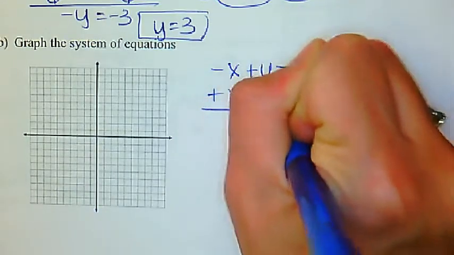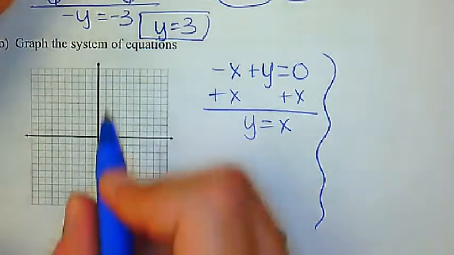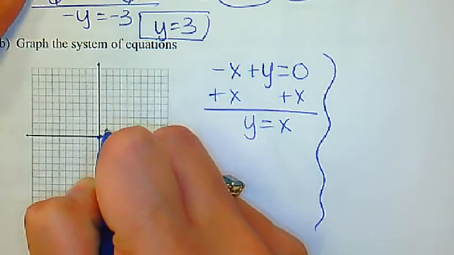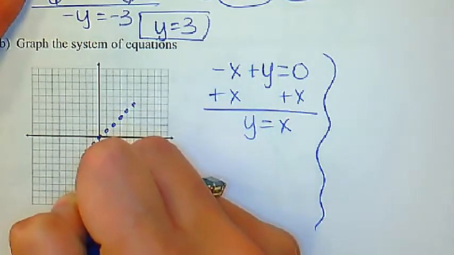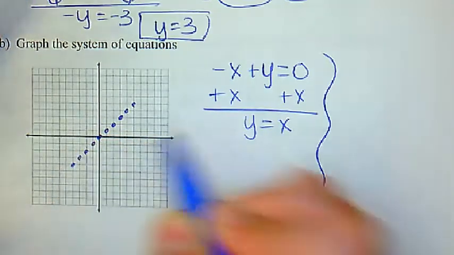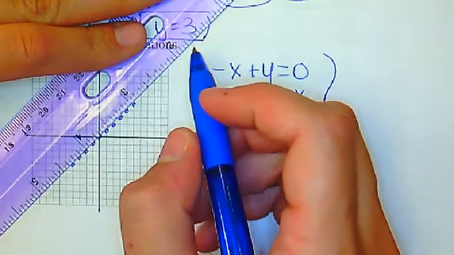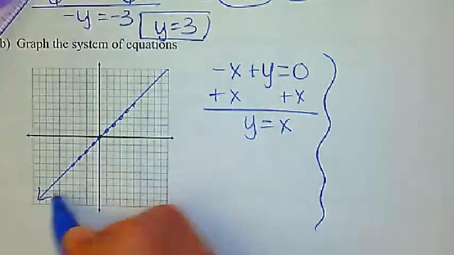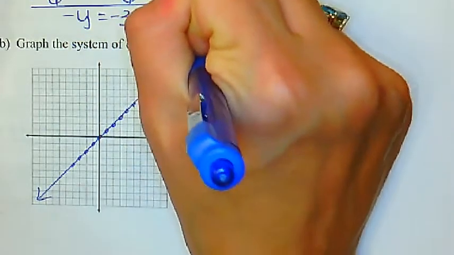And I get y equals x. So the thing about y equals x is this is just a straight line that goes through the origin. Okay, so it'd be 1, 1, 2, 2, 3, 3. And then it goes all the way back to the other one. Okay, so negative x plus y equals 0.